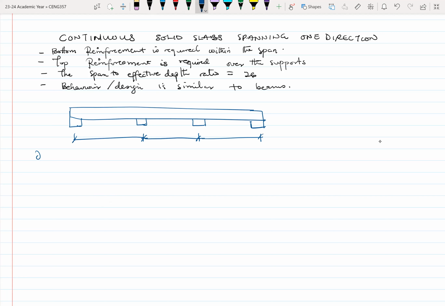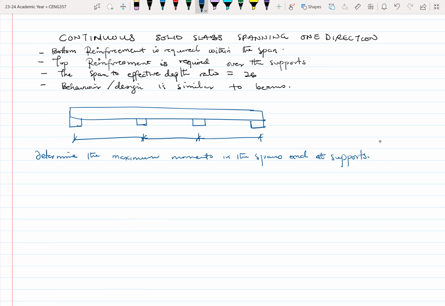So basically we determine the maximum moment in the spans and over supports. When you find these, you can use them to do the bending design.